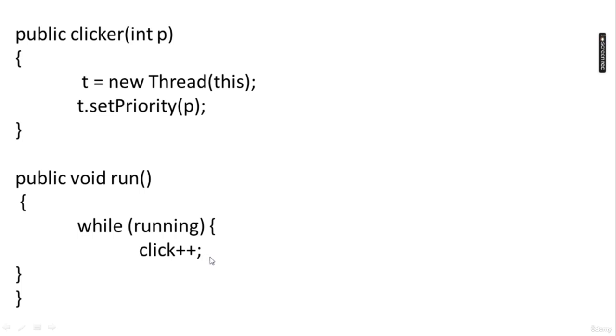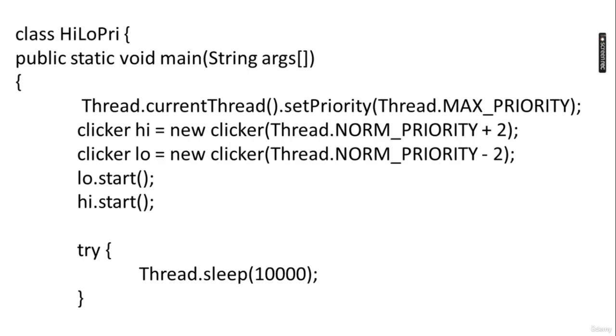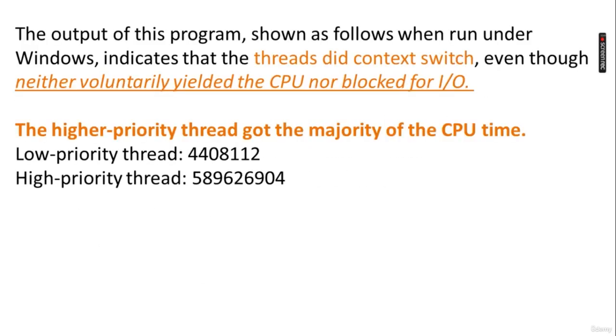But in our program, it is still giving the higher priority thread the most CPU time, because it was working in a context switching environment. It neither voluntarily yielded control nor blocked for input/output, because we have set the priorities as 7 and 3.